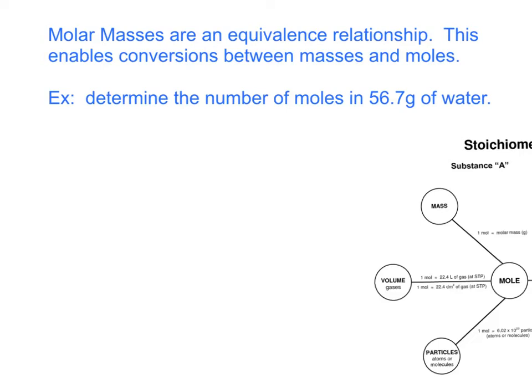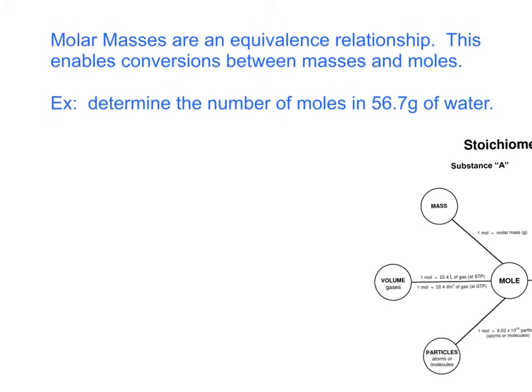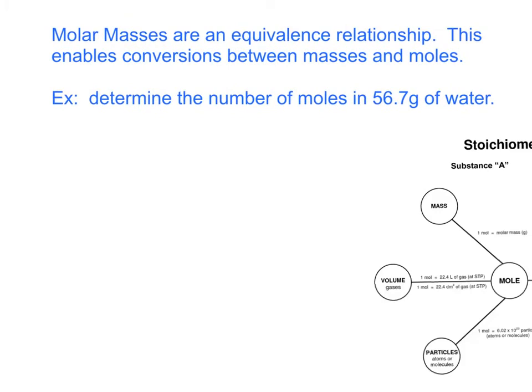So if you look at a periodic table, you know water is H2O, and each hydrogen is 1, oxygen is basically 16. So you're looking at a relationship that has 18 grams of water per mole.